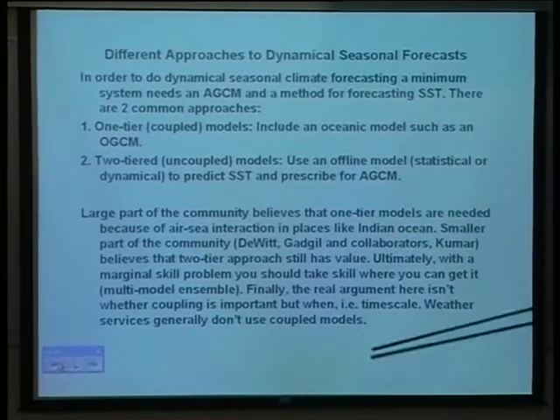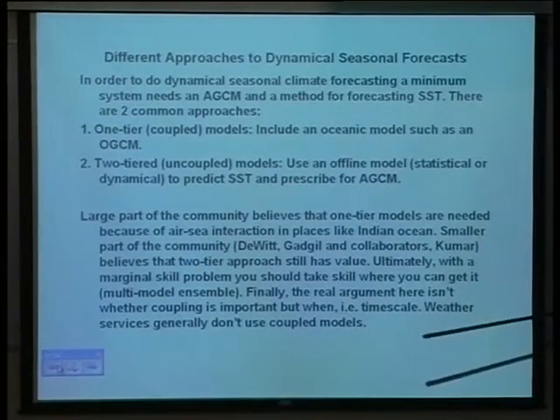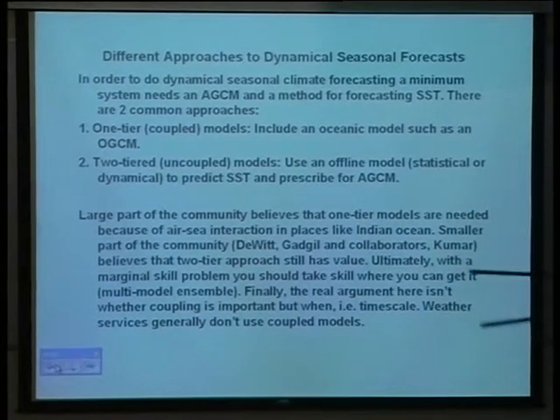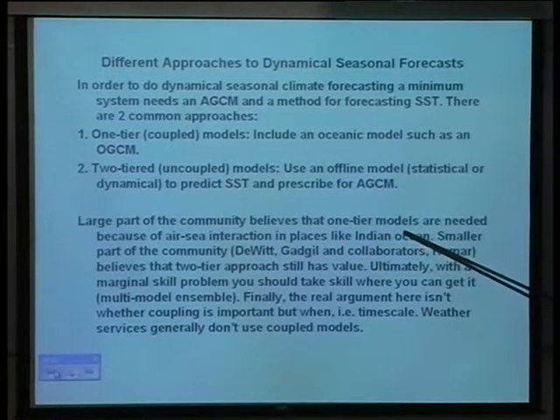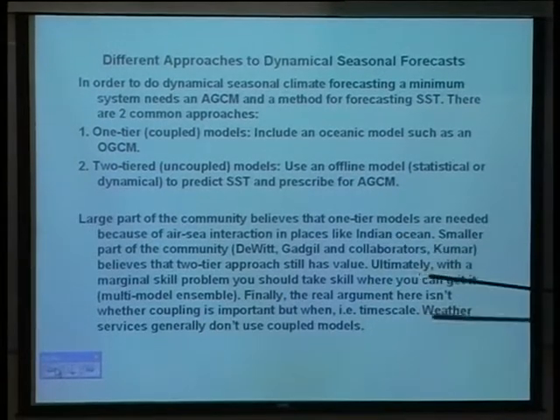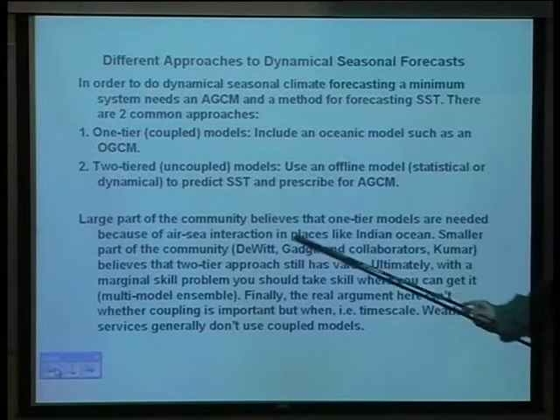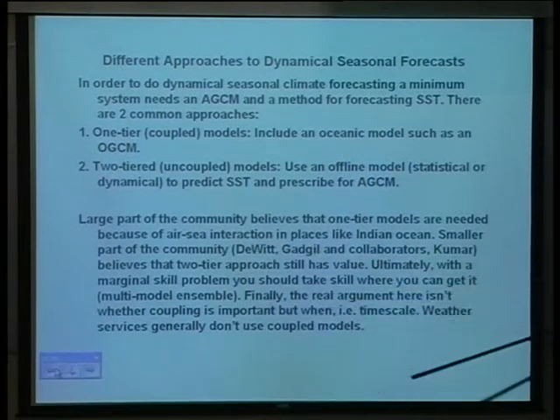And here's my motherhood statement, because over the last, let's suppose, 5 years, it's become quite dogmatic that a lot of people believe that the one-tier models are the only ones that can be used for seasonal forecasting, especially in places like the Indian Ocean because of the air-sea interaction.